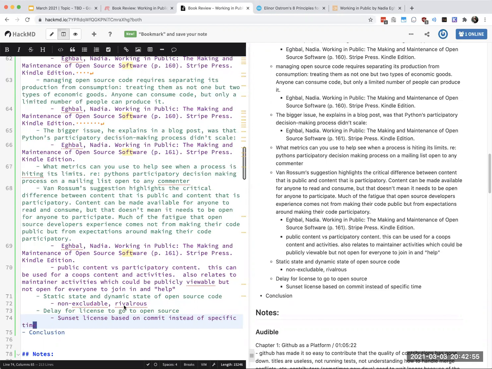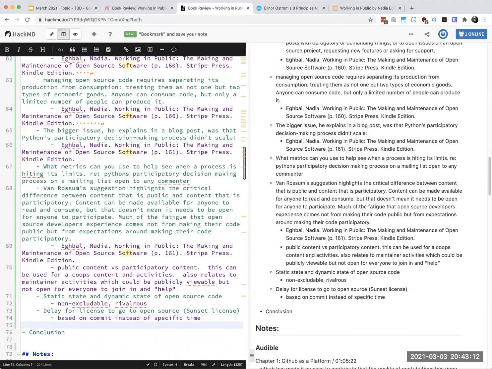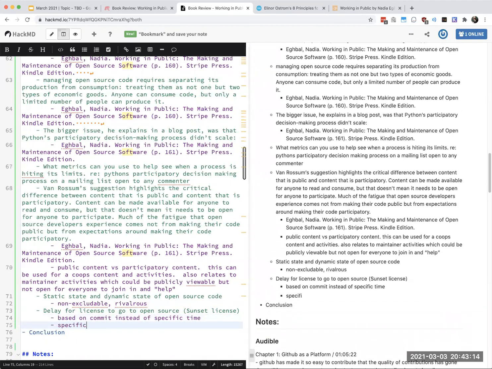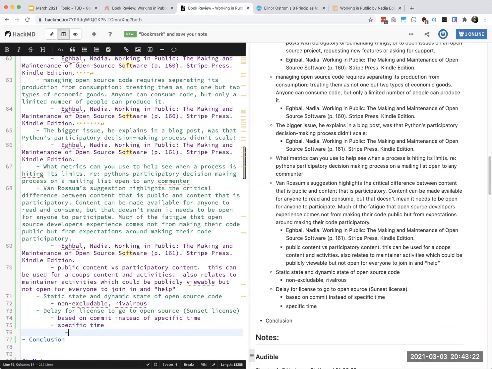So there's delay for license scope. I'm just going to call that a sunset license, and you have a commit based one, and then you have a specific time, but the specific time is usually tied to releases.